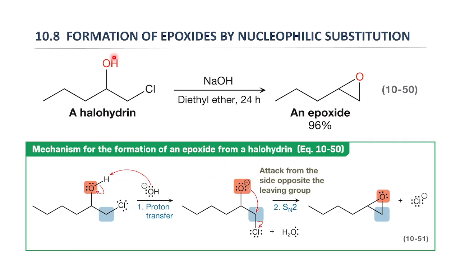So we have here what would have some acidity to it. Under basic conditions, this alcohol can lose its hydrogen in a proton transfer step, and that will leave a negative charge on this oxygen. Now note, because that negative charge on the oxygen is right next to a positively charged carbon due to this chloride, it's actually going to start pulling the electrons over into a bond with that.